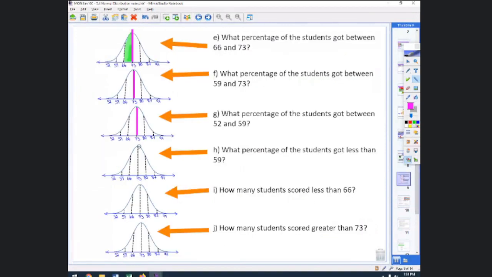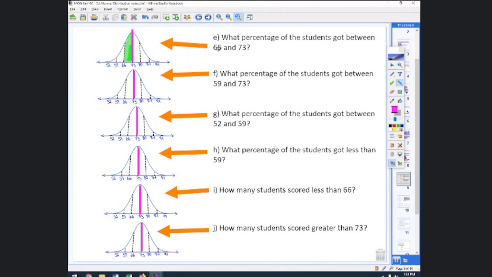They're all right here. So now we're just going to work on a couple of questions. So if you want to just put down E, F, G, H, I, and J, and just try those.